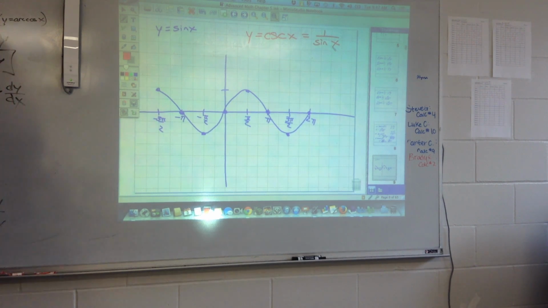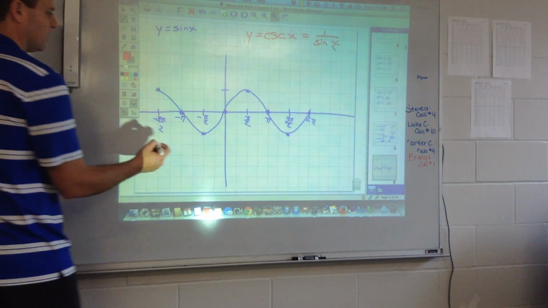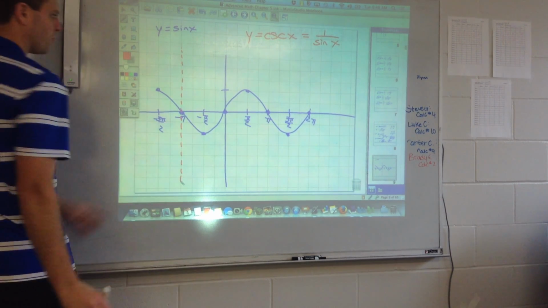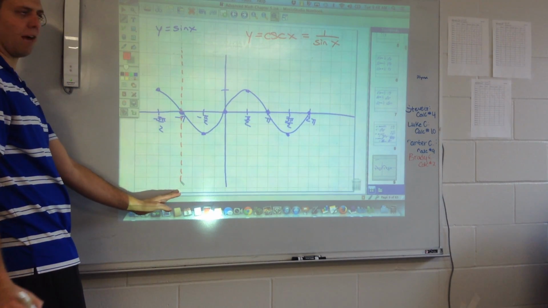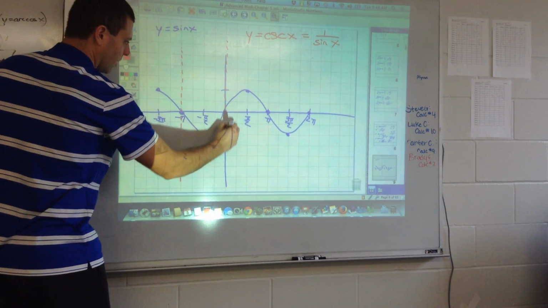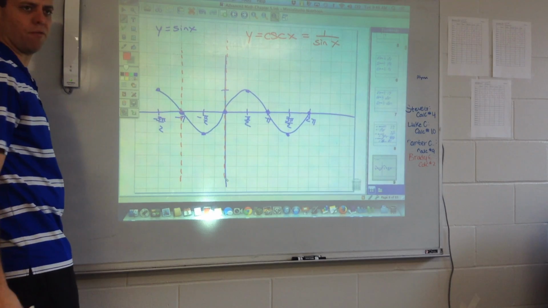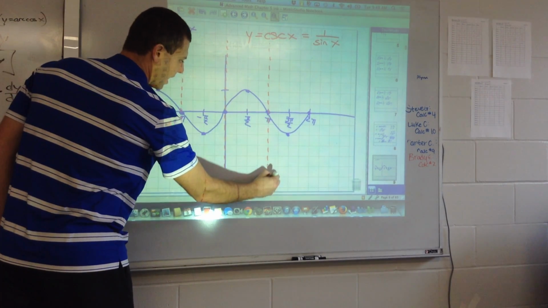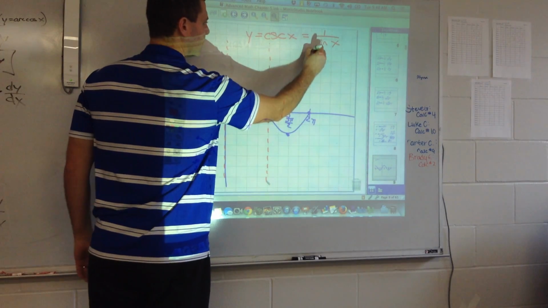There is not a value that exists. The function is not defined at those x values. So I'm going to draw a vertical asymptote here because the graph will never hit anywhere on that line. It is not defined for that x value.